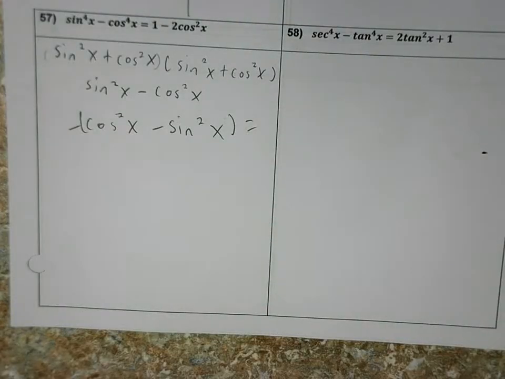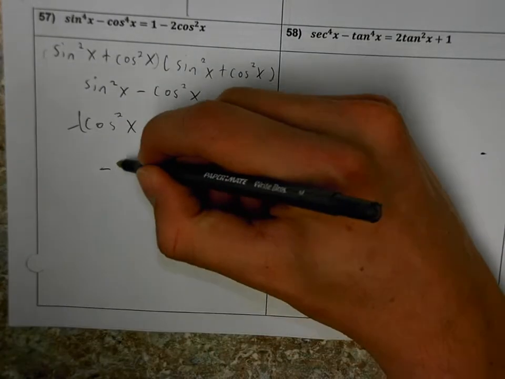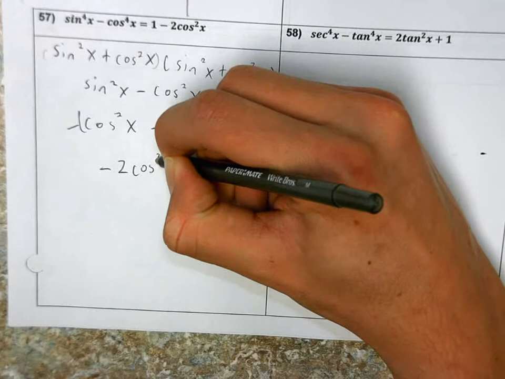And this is a beautiful form because if you look at identity number 10, it says cosine squared x minus sine squared x equals 1 minus 2 sine squared x. So it becomes negative parenthesis.